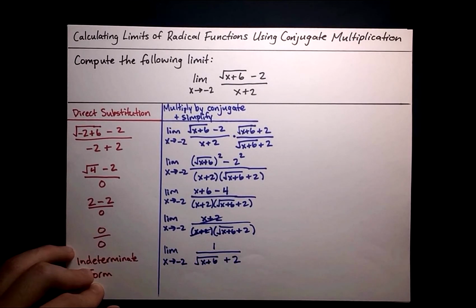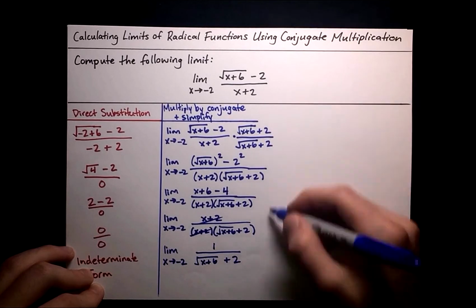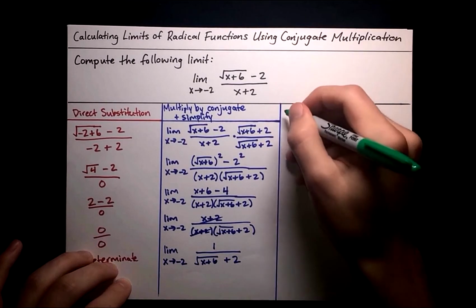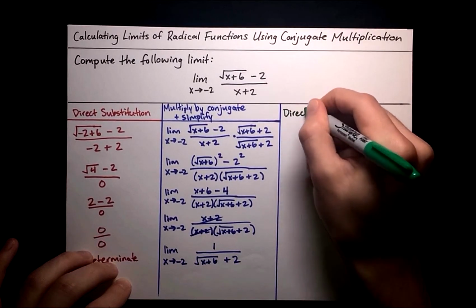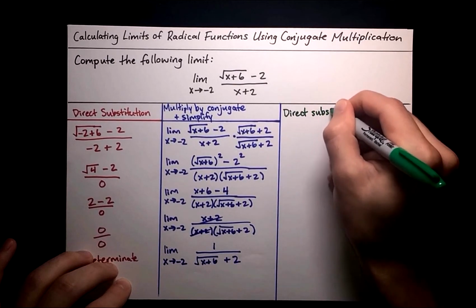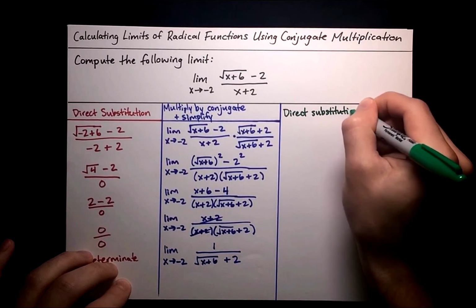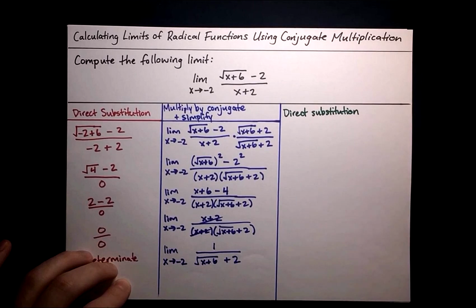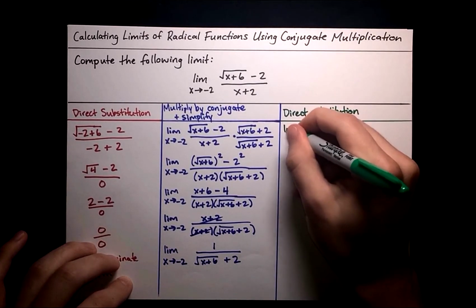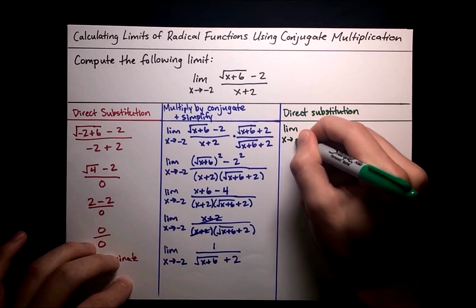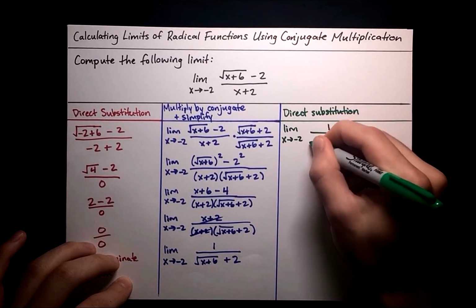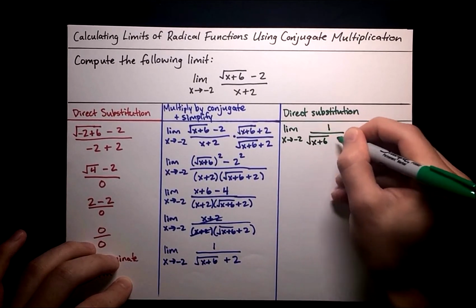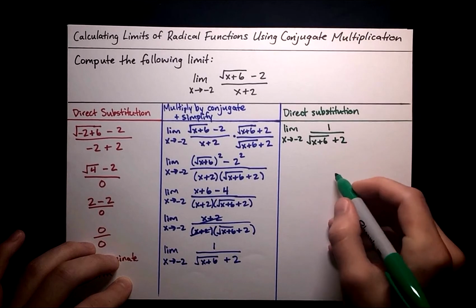So now that this limit is simplified a lot, we'll probably have better luck with direct substitution. So try direct substitution for a second time, this time working with the more simplified limit as x approaches negative 2, 1 over root x plus 6 plus 2, and hopefully it'll work out better.